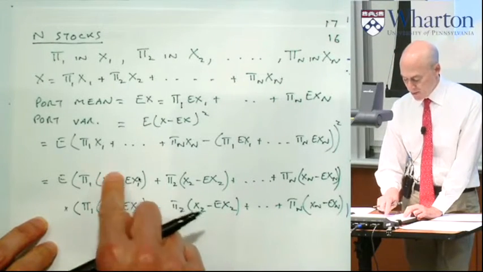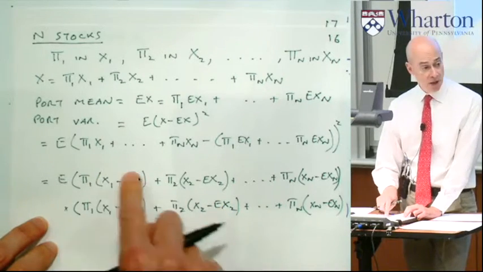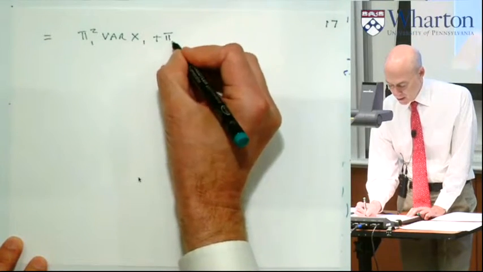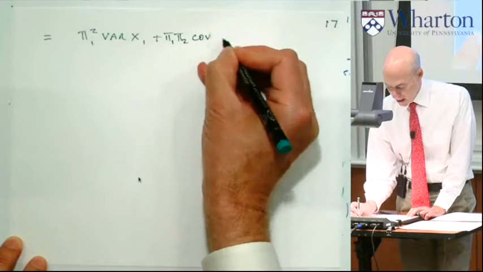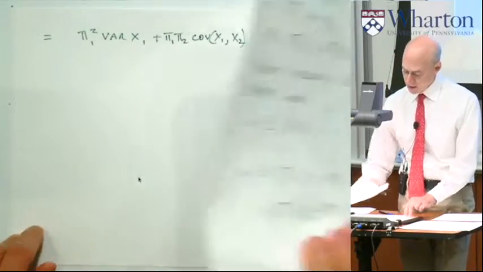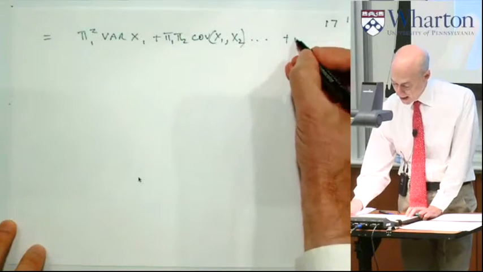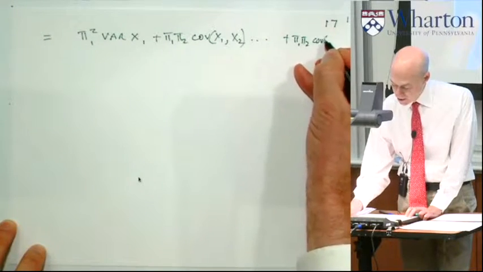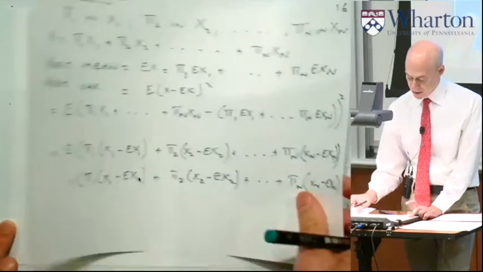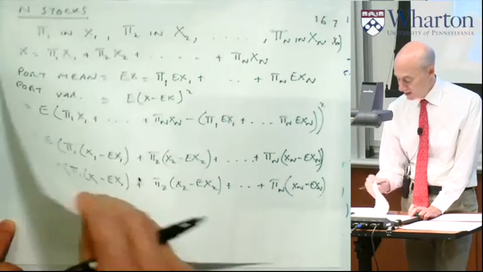When we multiply this term by this term, what do we get? It's a covariance of x1 and x2. So we get pi1, pi2 covariance x1, x2, and so on. The final one is going to be this term times this term, which is pi1, pi n, covariance x1, xn. If we keep on going, this is going to be pi2 (x2 minus EX2) times pi1 (x1 minus EX1).